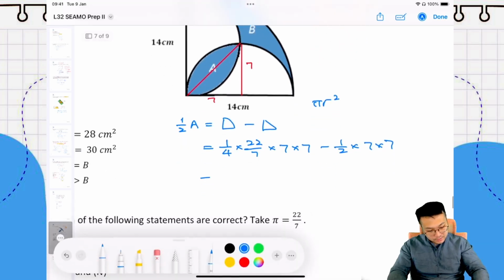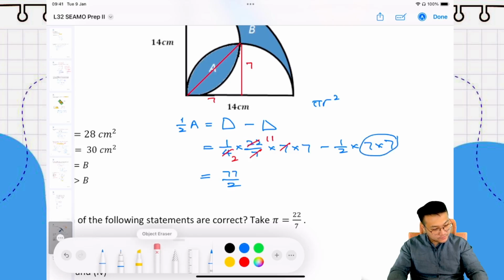So let's work this out. 7 is cancelled. Simplify this. Then you have 11 times 7, so you're left with 11 times 7 divided by 2, which is 77 over 2. And this is 7 times 7 is 49, 49 over 2.